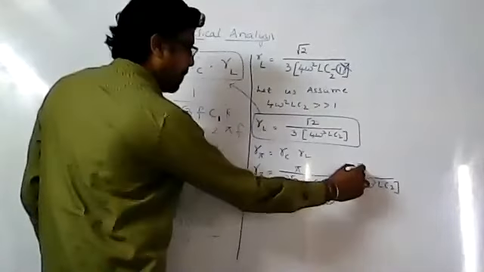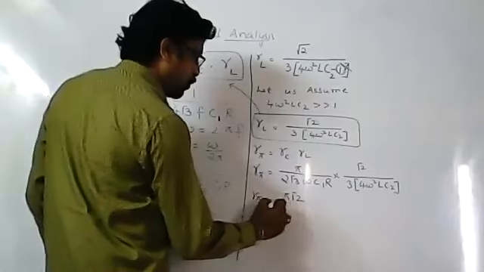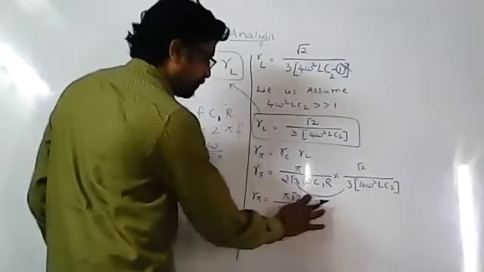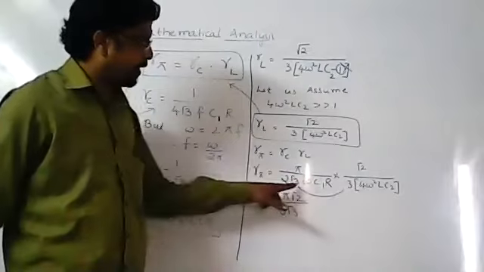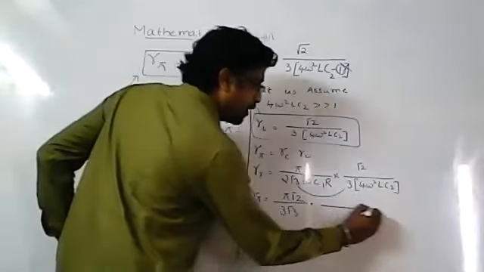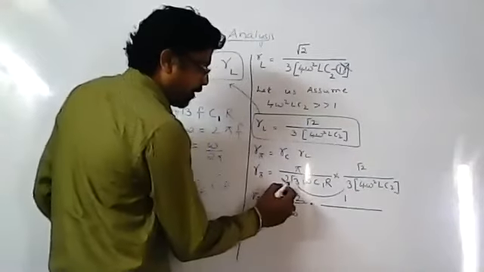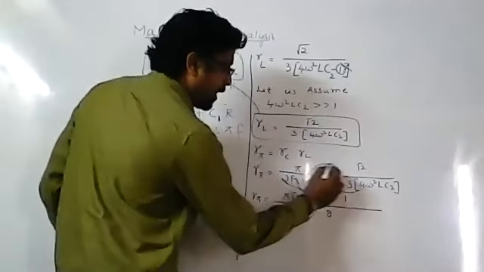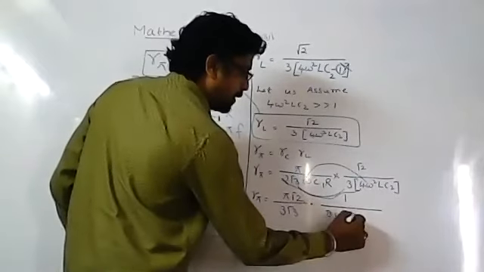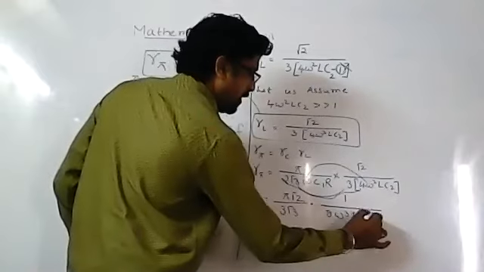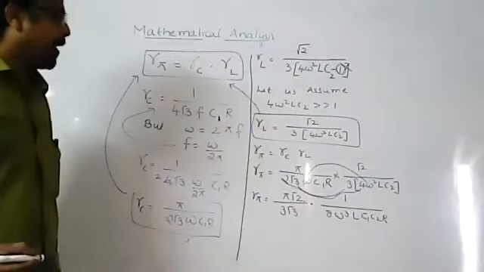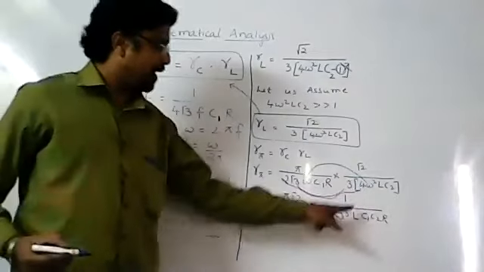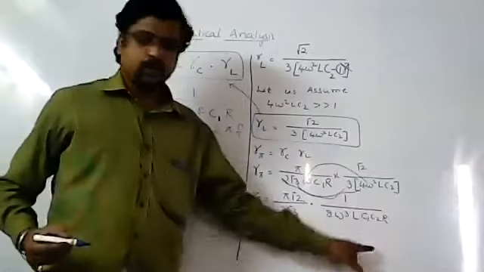R pi is equal to pi root 2 divided by 3 root 3 into 2 into 4, which is 8, omega into omega square is omega cube, L C1 C2 R.